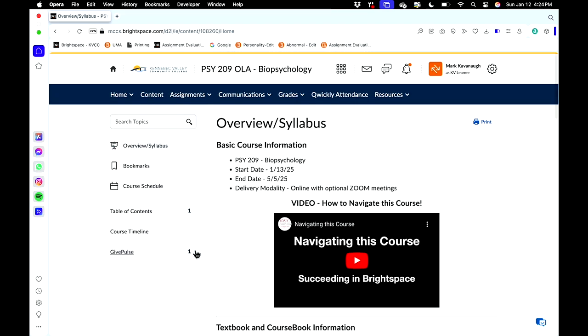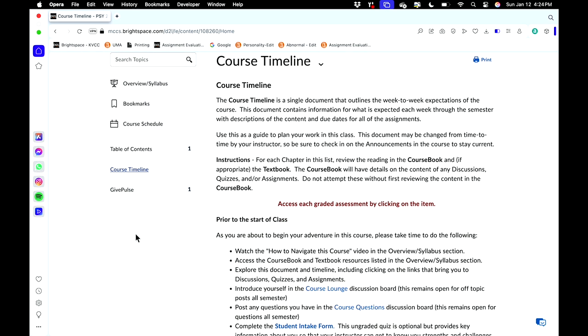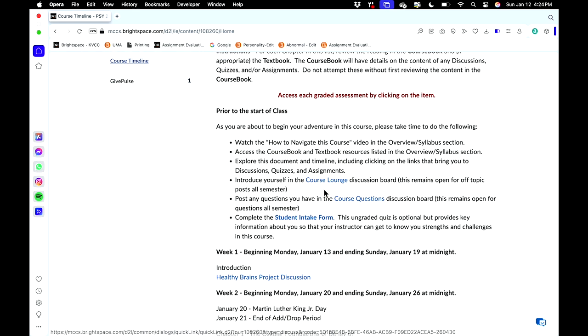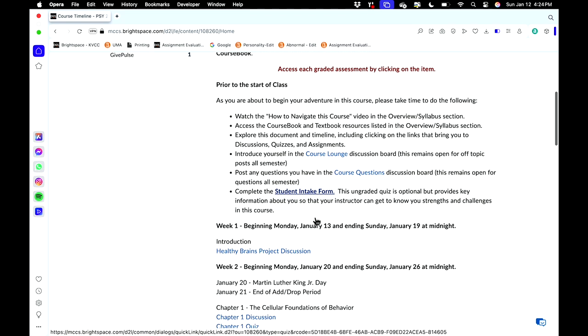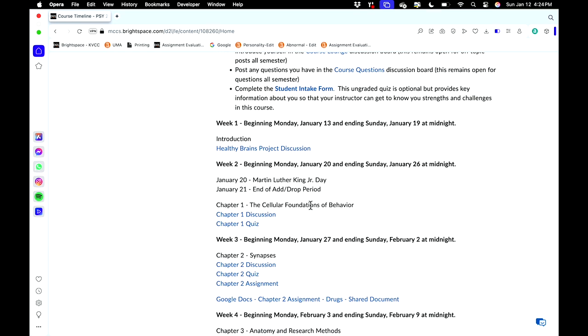So we go back up to the top here, and then we have the course timeline. Read through all this material here. It provides a course lounge for just hanging around and off-topic things, and course questions. These are discussion boards. And then an intake form, if you've ever done that, kind of gives me an idea about where you're coming from. And then we have the weekly outline. We see week one's a little special.